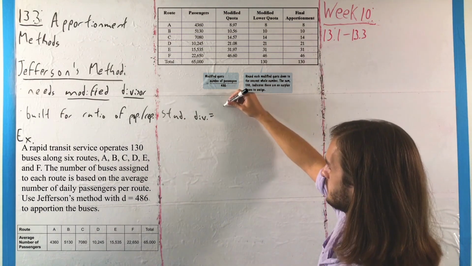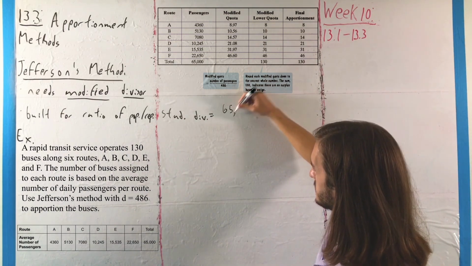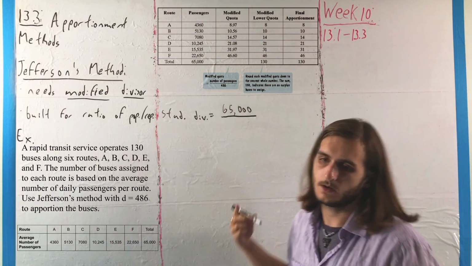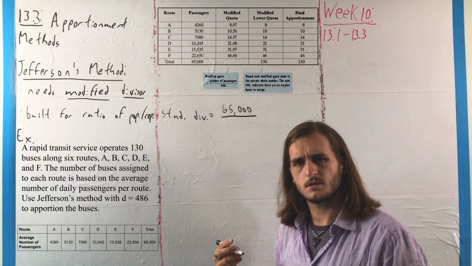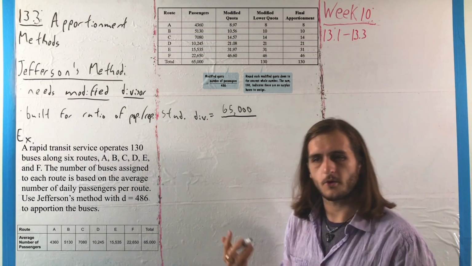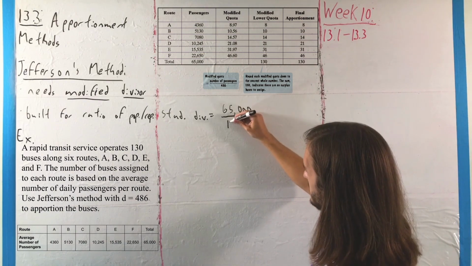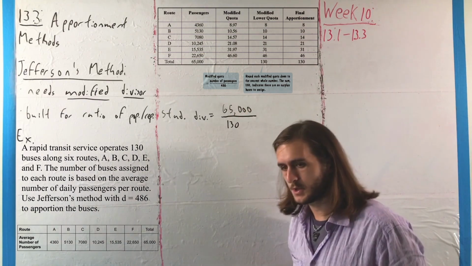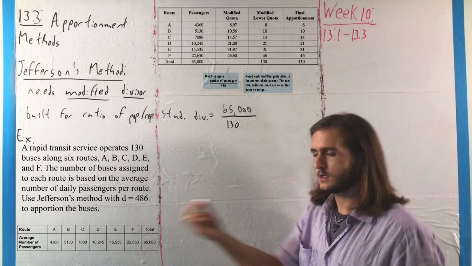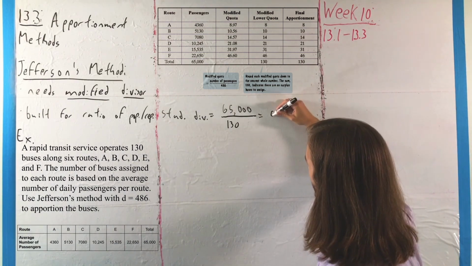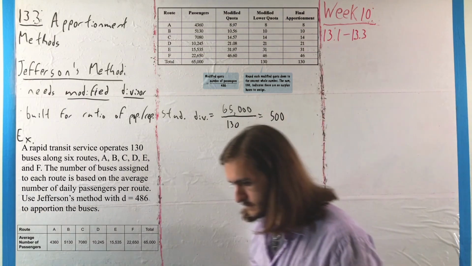The standard divisor, remember, is the population, so in this case, that's all of the people on the buses, divided by the number of seats, or the number of slots, I guess would be more appropriate here because buses have their own seats and that's confusing. But the number of buses here is 130. So our standard divisor would be 65,000 over 130, or 500.